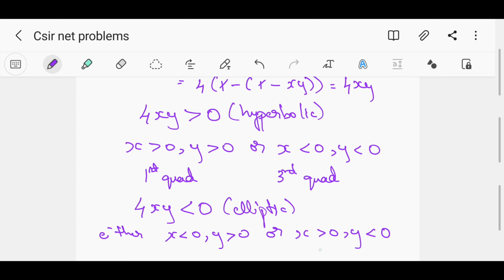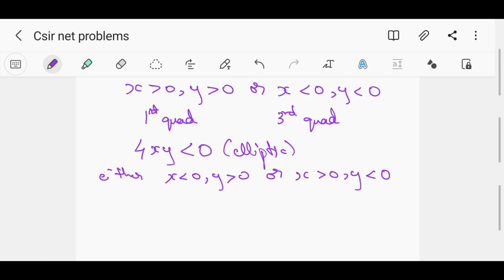If these two conditions are satisfied, then our 4xy will be less than 0, that is, either if one is positive and the other is negative, plus into minus gives minus. In that case, we will have 4xy less than 0, which gives that the partial differential equation is elliptic. This is in the second quadrant and this is in the fourth quadrant. So this is what we have found.